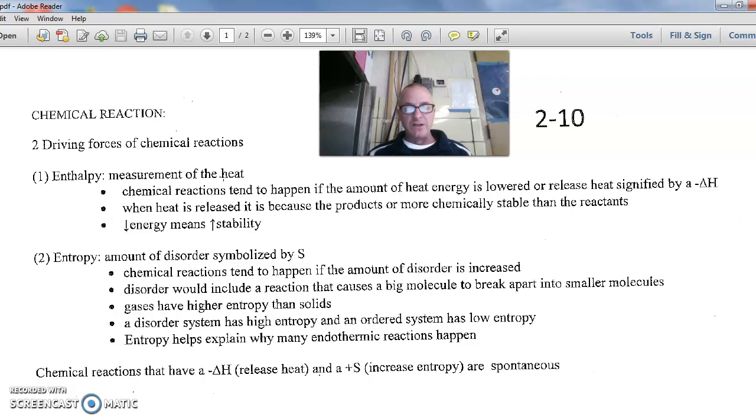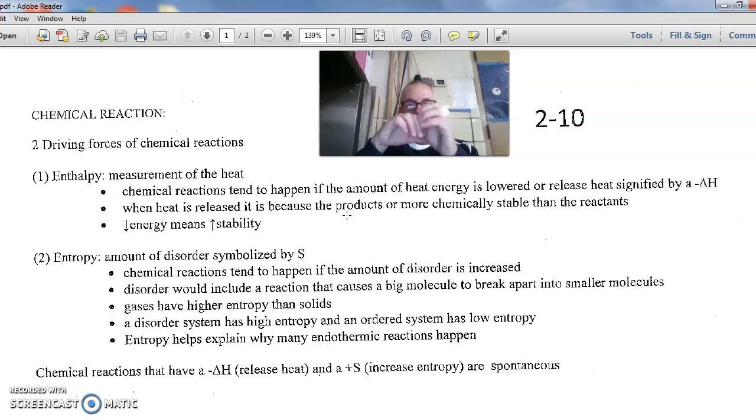If the energy in to break the bonds is more than the energy that's given off when new bonds form, it's going to be endothermic. The enthalpy change there would be positive overall because energy had to go in overall.